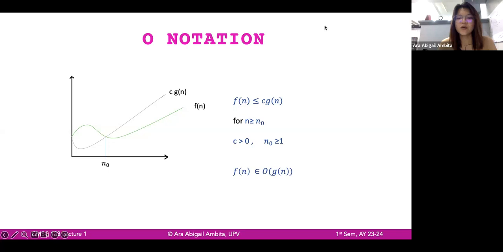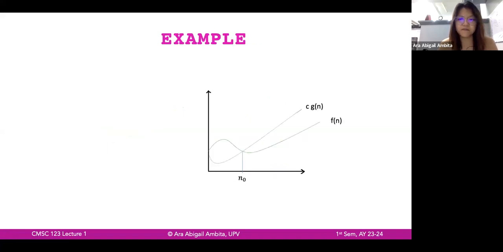So if this function f of n is indeed less than or equal to this function cg of n after some n naught, then we can say that f of n is bounded by, or contained in, O of g of n.